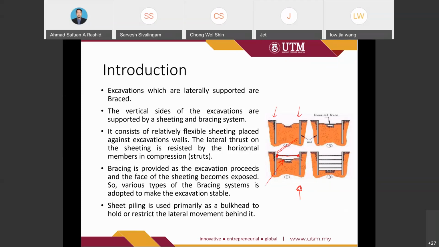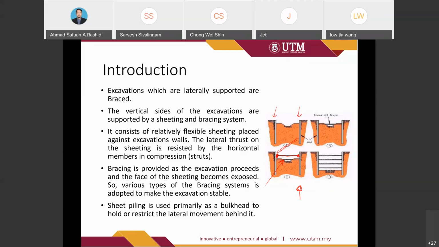Bracing is provided as excavation proceeds and the face of the sheeting becomes exposed. So various types of bracing systems are adopted to make the excavation stable. There are a lot of methods, approaches, and materials that can be used.